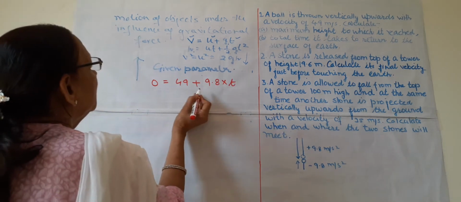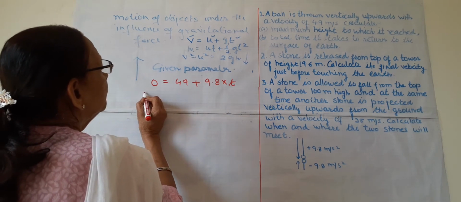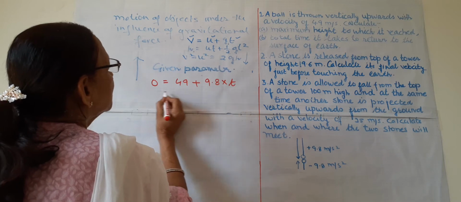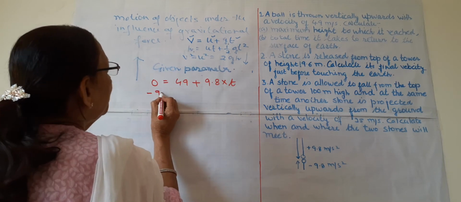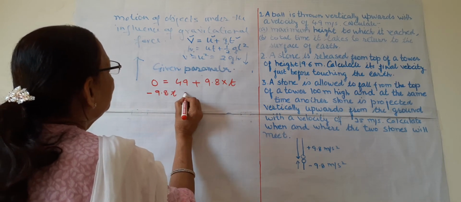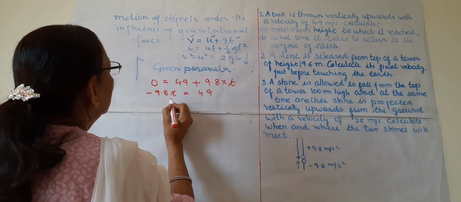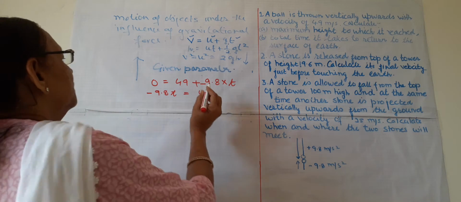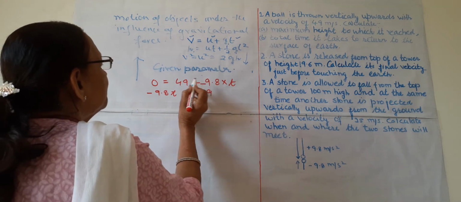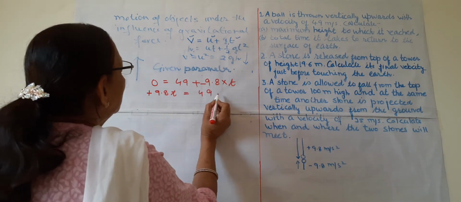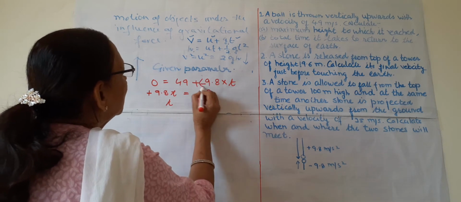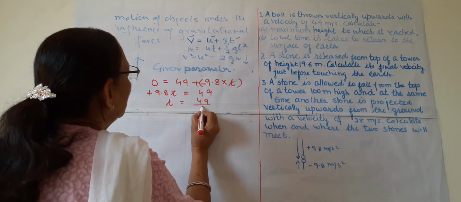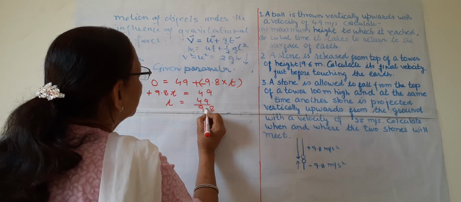So minus 9.8 t will be 49, and here we have to take minus. So minus plus minus, so it will be plus 49 and t will be 49 upon 9.8.